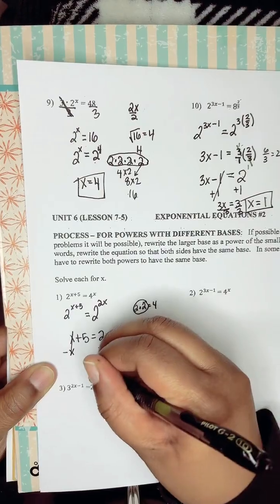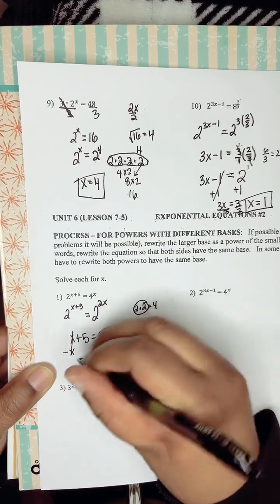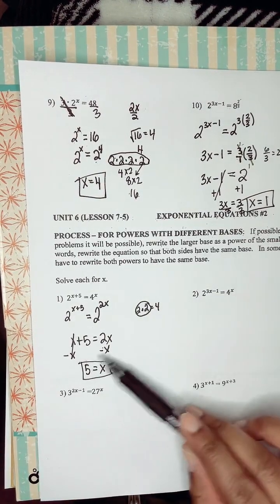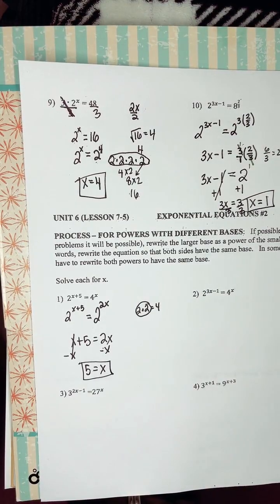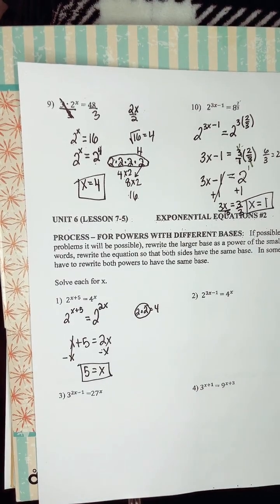We're going to drop down our 5 equals 2x minus x, which is x. So x equals 5. This part right here is just solving equations, which you really go hard on in Algebra 1, and a little tiny bit in Algebra 2.